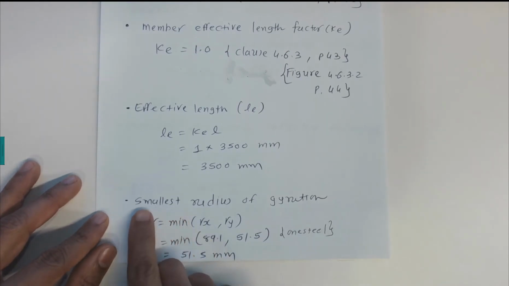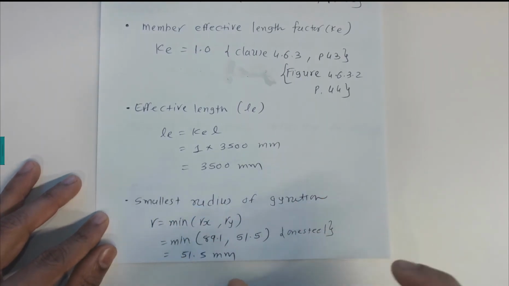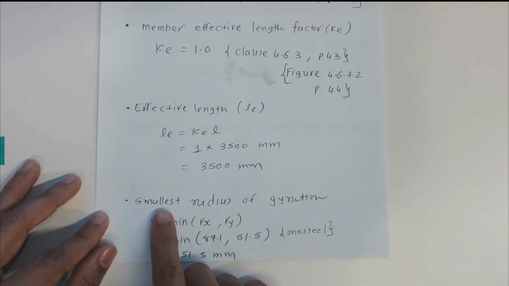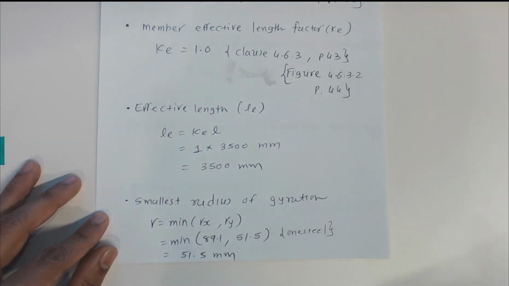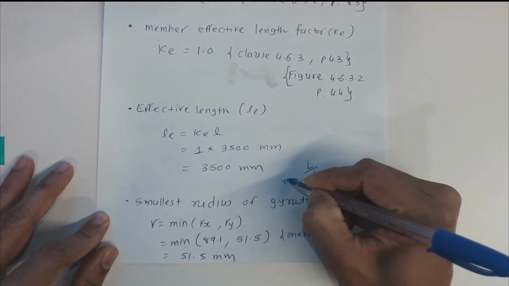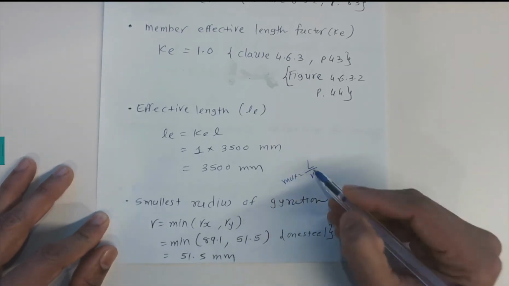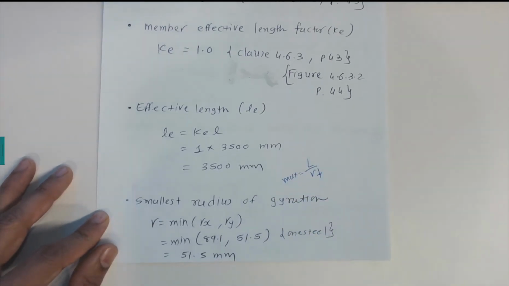Now we need to find the biggest L over r ratio. To find the maximum L over r ratio and the buckling axis, we need the smallest radius of gyration.